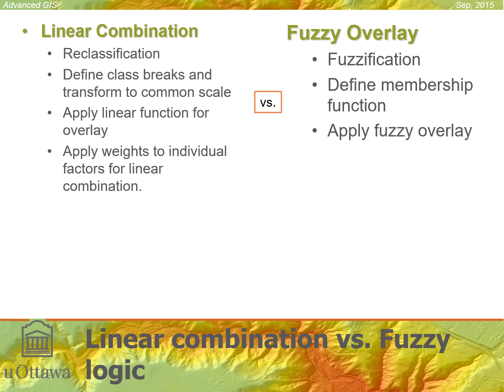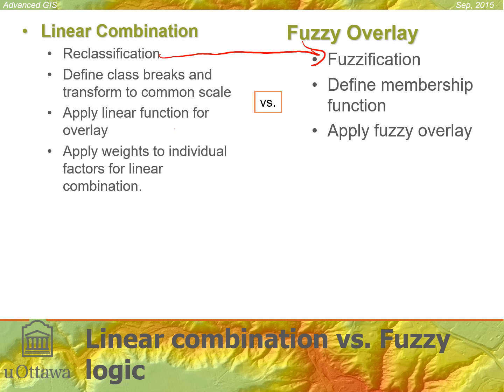Then we apply linear functions for overlay. So we use plus and then layer times weight, like if the layer is X times the weight for that layer, W sub I. And we apply weights to individual factors for linear combinations. So we can apply weights. We can also apply weights in fuzzy as well if you want. That's also valid. With fuzzy overlay, instead of reclassification, we have fuzzification.